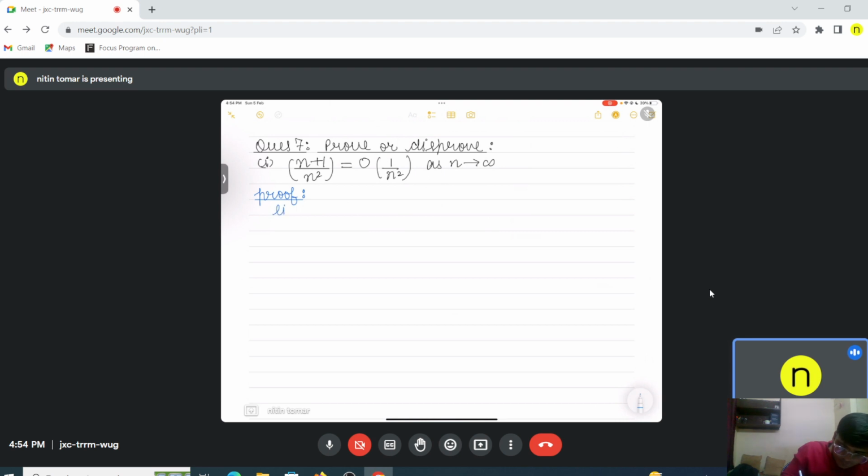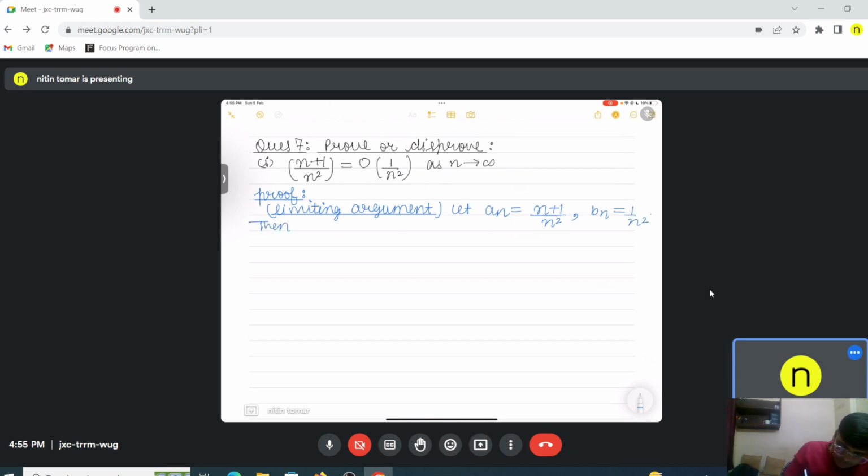So we will prove it by the limiting argument. Let an be this sequence, n plus 1 by n square, and bn be 1 by n square.